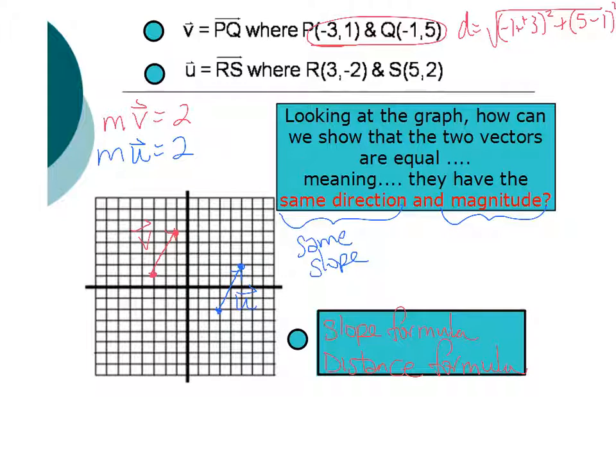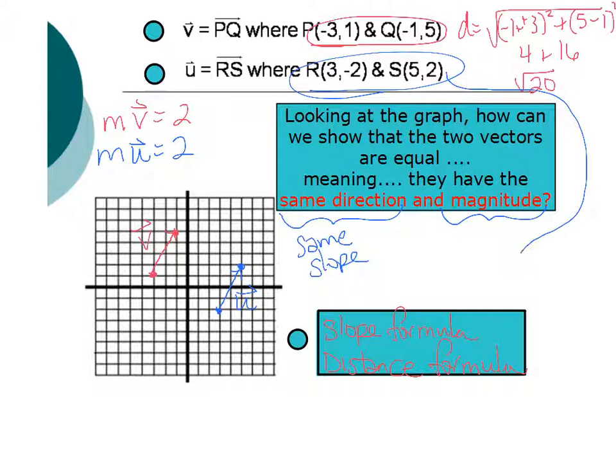That's going to be 2 squared, so that's 4, plus 5 minus 1, that's 4 squared, which is 16. That's the square root of 20. And I could reduce that if I want.